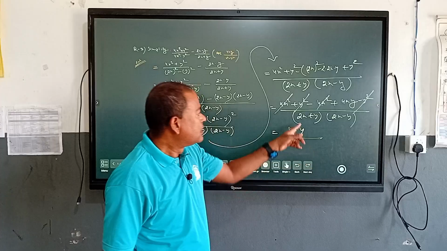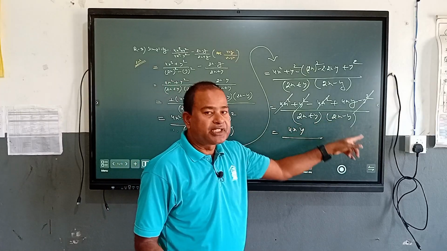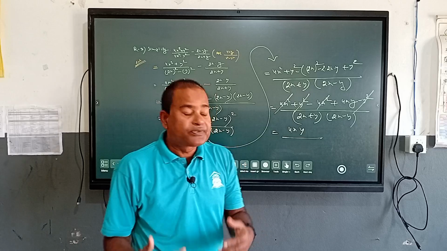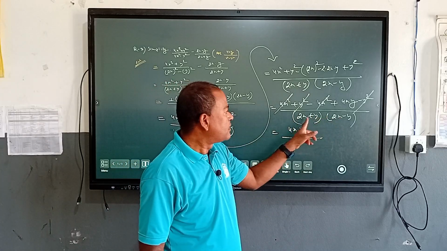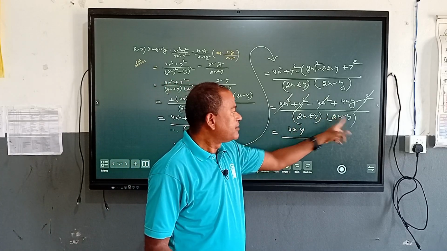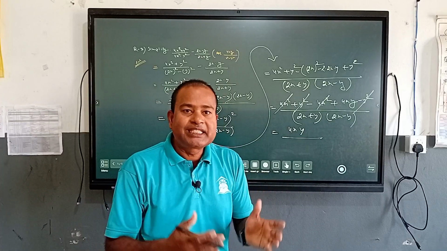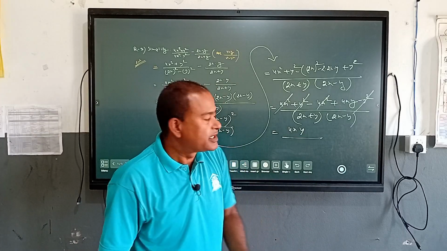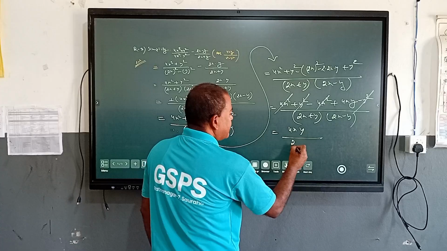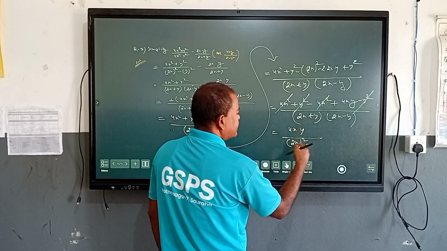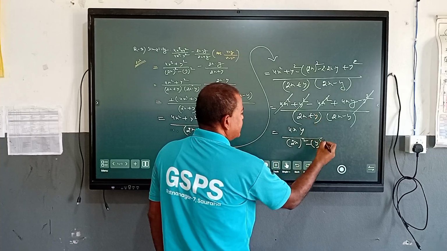Now let's combine the denominator, 2x plus y times 2x minus y. So dear students, these two terms are in the form of a plus b, a minus b. So we know that a plus b times a minus b is equal to a square minus b square. So let's write down a plus b times a minus b means a square minus b square.